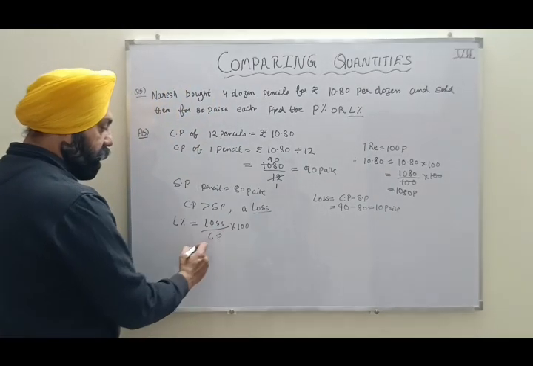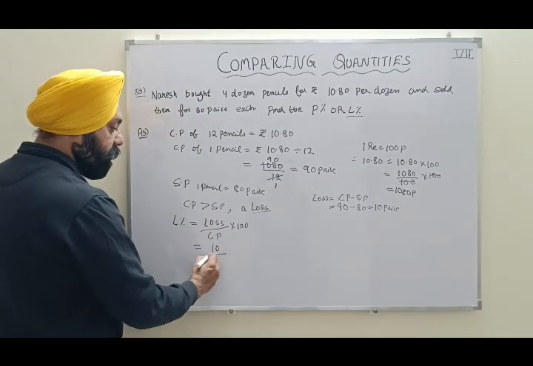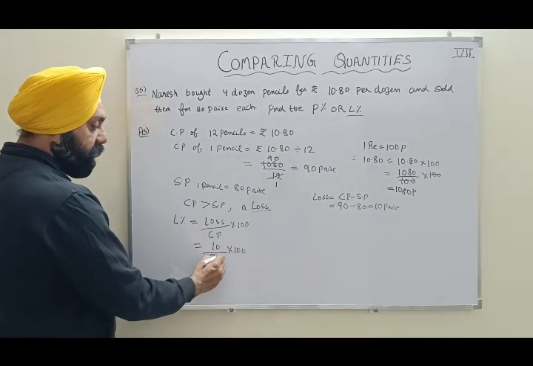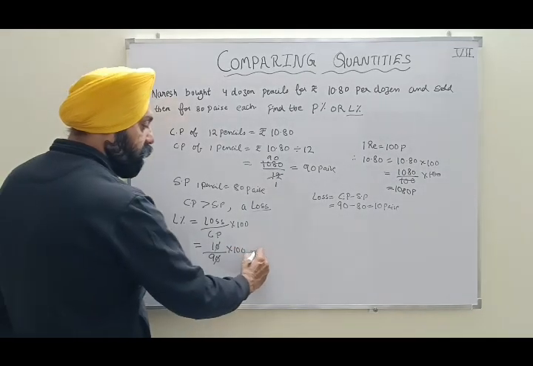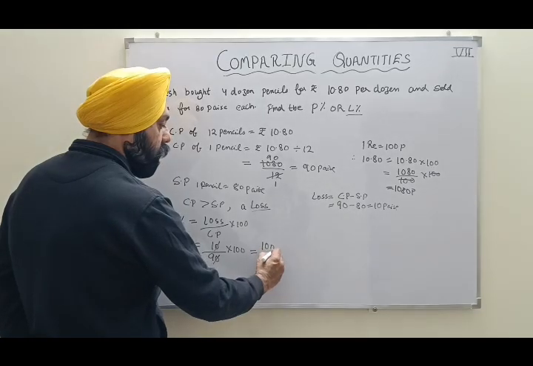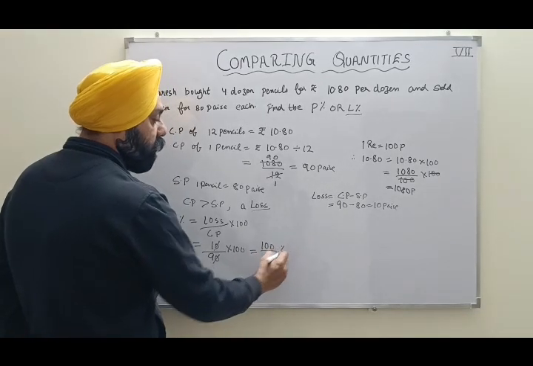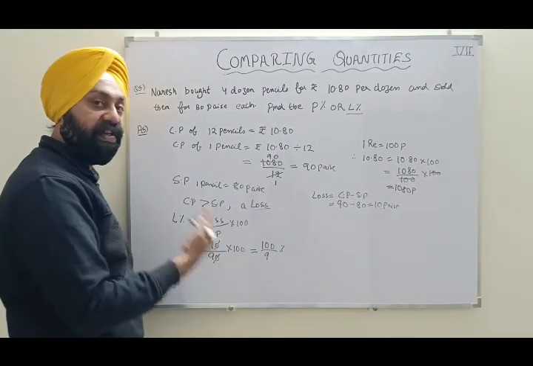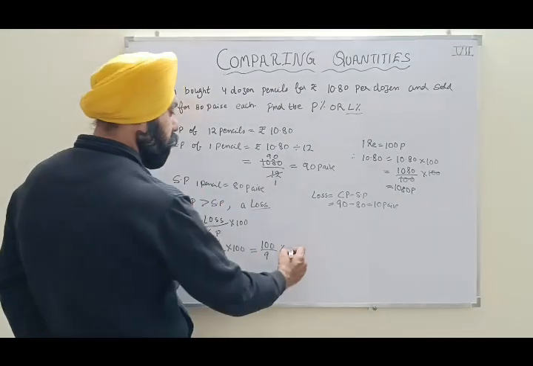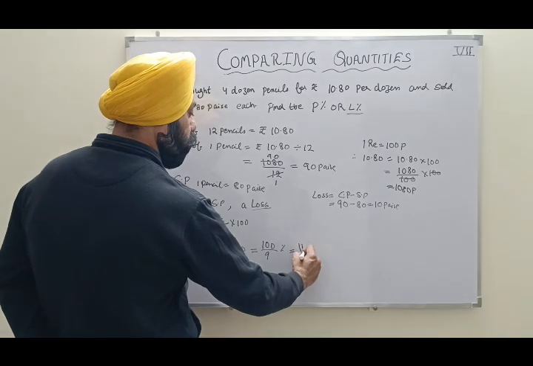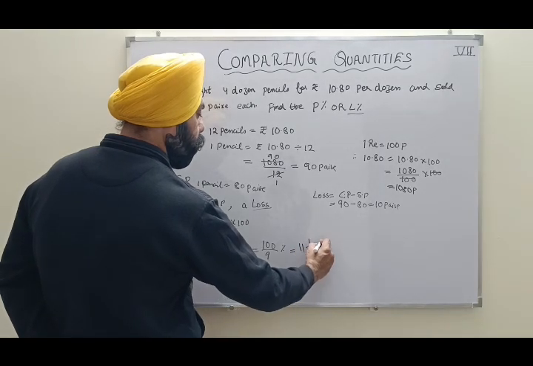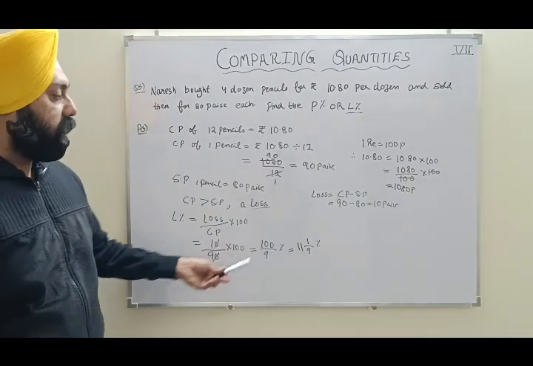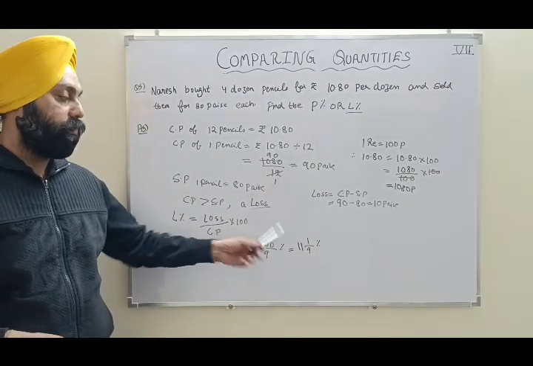So loss is 10 paise divided by 90 paise into 100. So we can cancel this 0 with this. So it is 100 upon 9%. We can leave this question over here, or we can convert it into mixed fraction or decimal also. So I have converted this improper fraction into a mixed fraction.